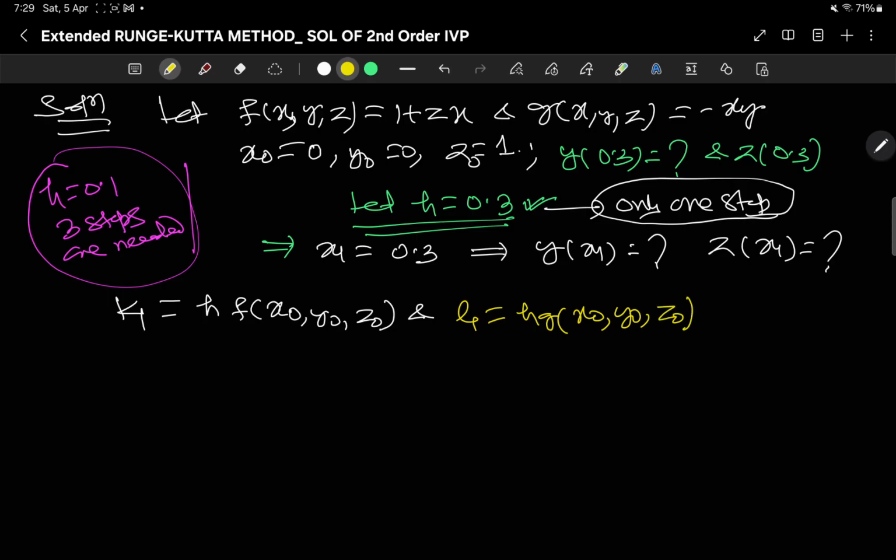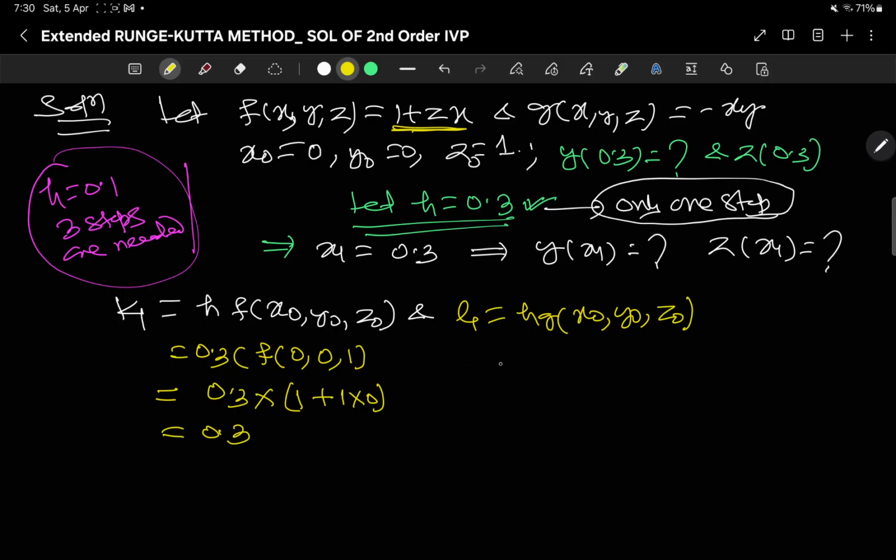So what is the value? Here k1 is 0.3 times f of x0 is 0, y0 is 0, z0 is 1. The function is 1 plus zx, so this is 0.3 into 1 plus z, that is 1 into 0, so this is 0.3.